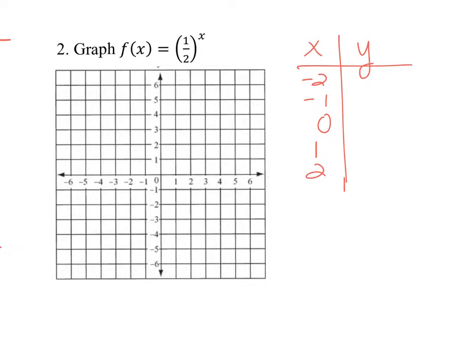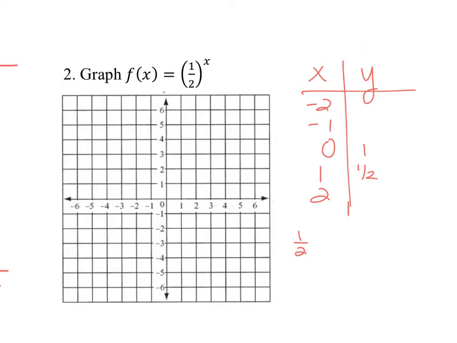So if I plug in 0, 1/2 to the 0 power is 1. If I plug in 1 for x, 1/2 to the first power is 1/2. And if I plug in 2 for x, 1/2 to the second power is equal to 1/4.